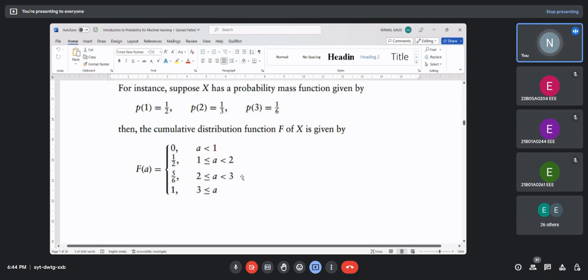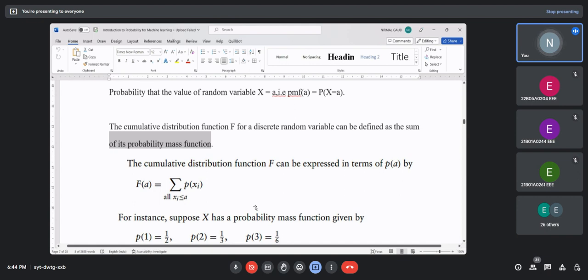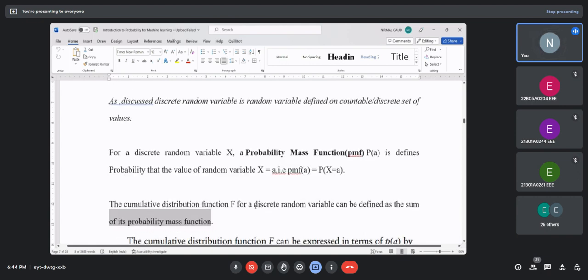Okay, for 2 to 3, the value which I'm having is 5 by 6, and for a greater than 3, I'm going to have the value as 1. Okay, so please don't get confused over something. The only point is I'm talking about a countable or discrete set of values.